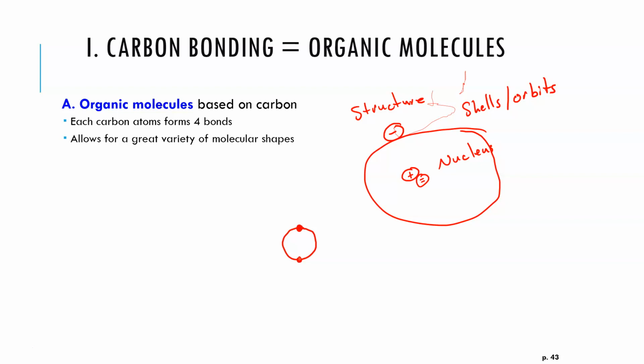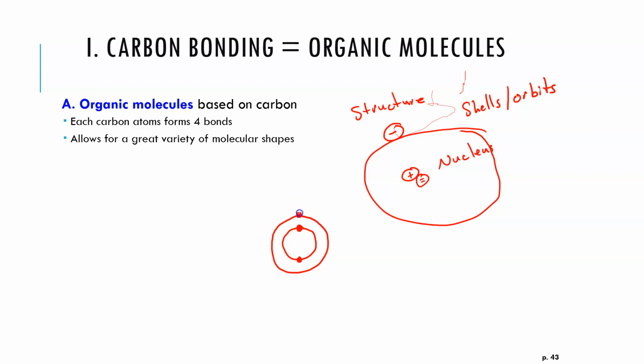Once this shell is completely full, there are no other electrons in here, and thus there's no other way for this atom to bond with anything else. Taking a look at your number of electrons right here, this would show you what helium would be. But of course there are atoms out there that have more than just 1 or 2 electrons, and so you have additional shells or orbitals that go away.